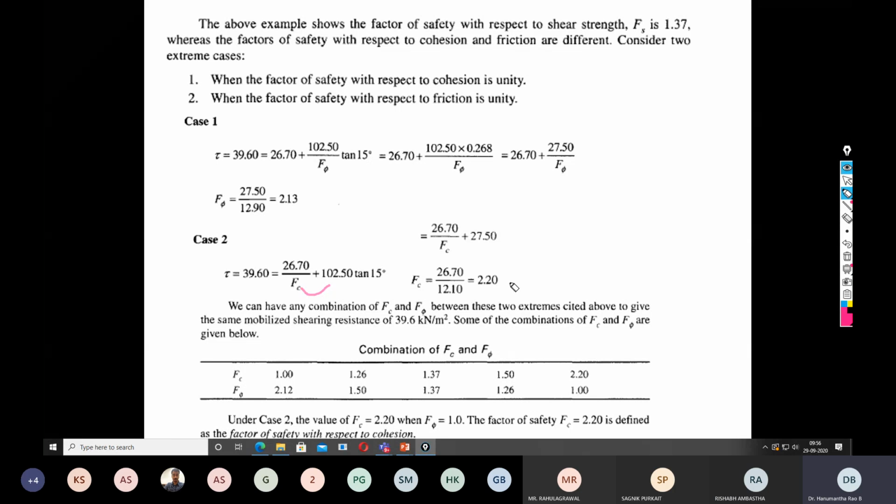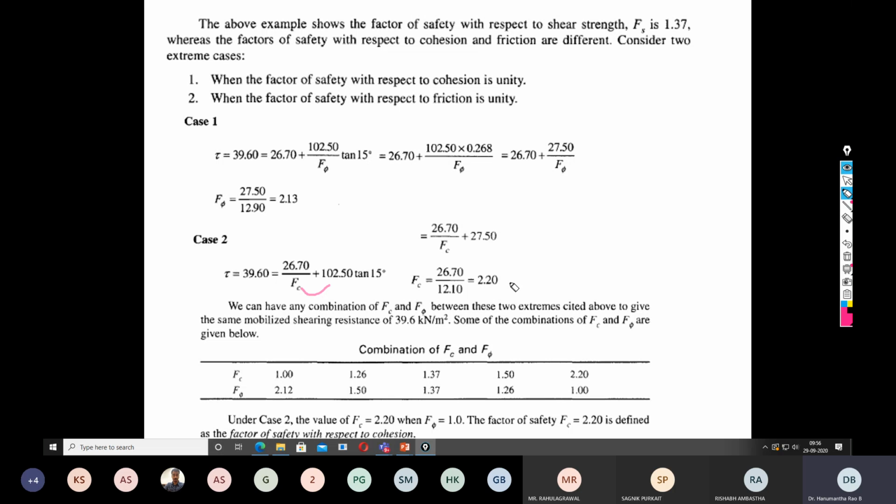In fact, when you determine the factor of safety, you need to make all these trials. Suppose I ignore the cohesion component, what happens to the factor of safety? What if I ignore only the frictional component? That shows which is dominating or causing the failure.